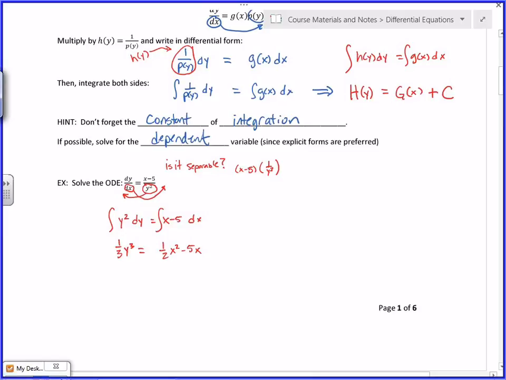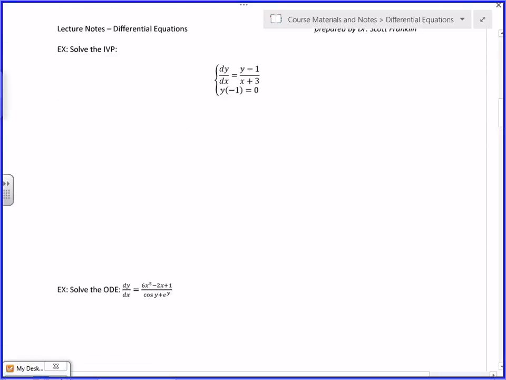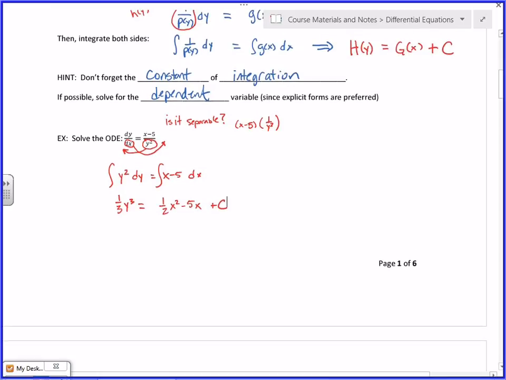Yes, sir? Is it just a coincidence that we had the y squared in fraction form when we switched it with dx, or can we just have a whole number and put it there? What do you mean? When we're swapping the dx from the other side, does it have to be in fraction form? No, it could be anything.